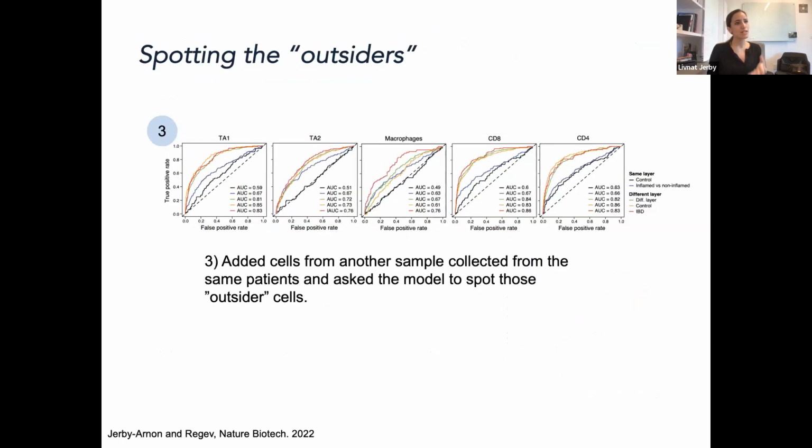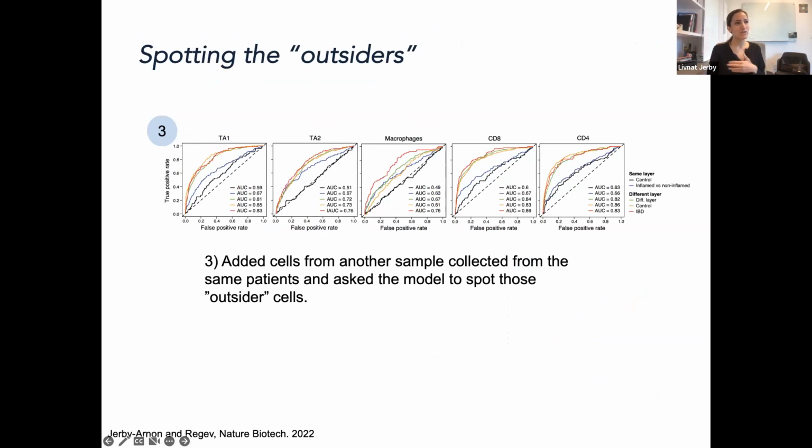Another thing that we can do, and this is based on single cell data, is to spike in cells that were collected from the same patient, but from a different sample, and use this contaminated data to train dialogue and see if it can spot the outsiders. And it turns out that it can.